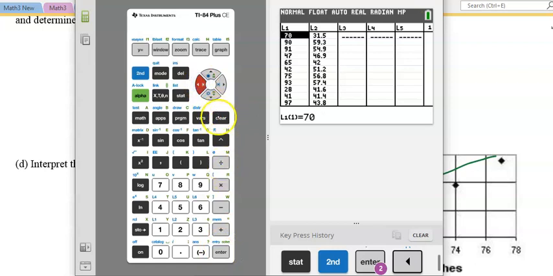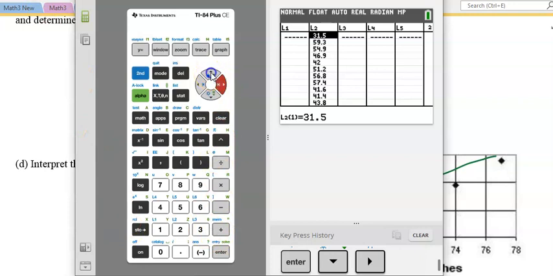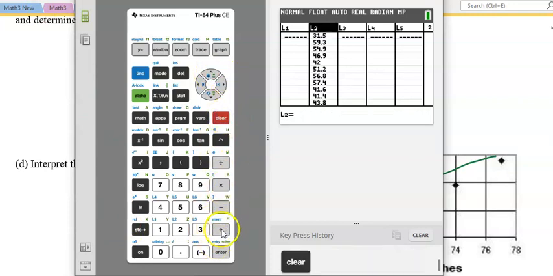We're going to clear this. So this is how you clear it. You go up to the name, and you hit clear, and you hit enter, and it clears the whole column.